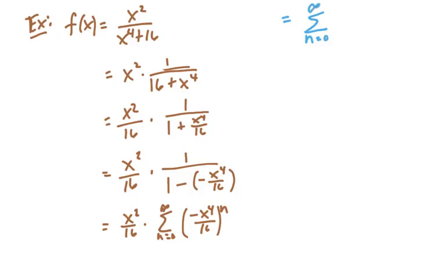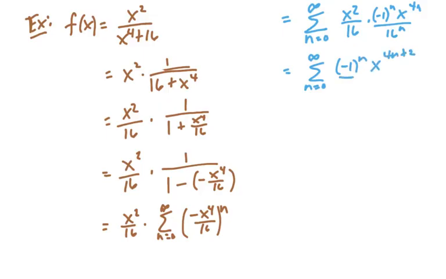So we have n equals 0 to infinity, and we have x squared over 16 times negative 1 to the n, x to the 4n over 16 to the n. So this gives us the sum from n equals 0 to infinity, and we have negative 1 to the n, x to the 4n plus 2 over 16 to the n plus 1.